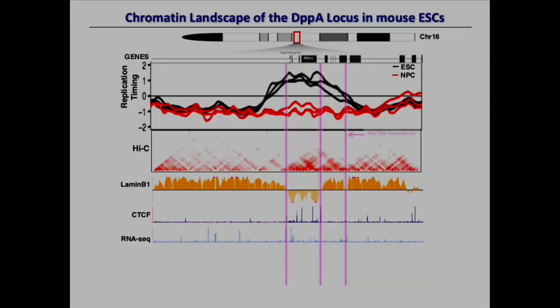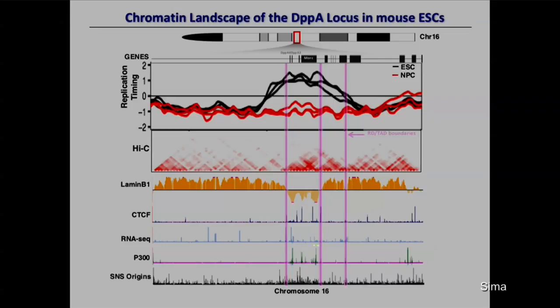RNA-seq shows that Dppa2 and Dppa4 are nicely expressed, and there is also a highly transcribed non-coding transcript very close to the boundary. P300 marks the active enhancers and promoters, and this is the origin, as represented by short nascent strand mapping.